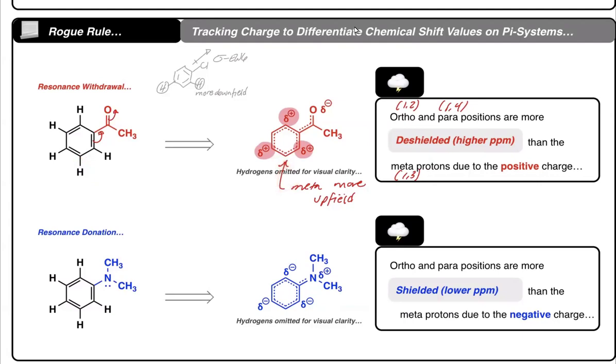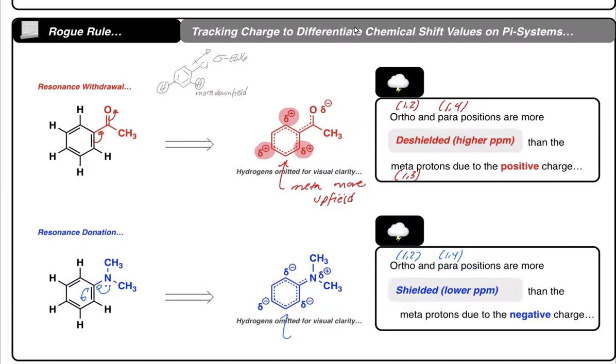Okay. Now on the flip side, let's consider a resonance donating group like maybe this nitrogen. With the nitrogen directly attached to the ring, it resonance donates into the ring. And predictably, at the ortho and para positions, we see charge created when we look at the overall hybrid. And you'll notice now that charge is a negative charge. And with the negativity landing at the ortho and para positions, that now means that the ortho and para positions are more shielded than the meta positions.